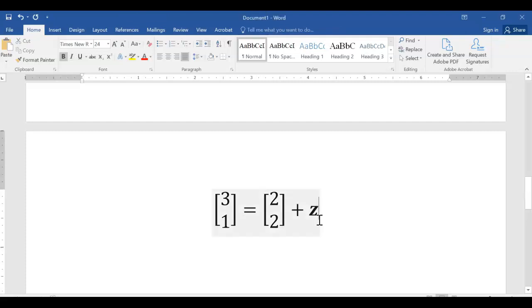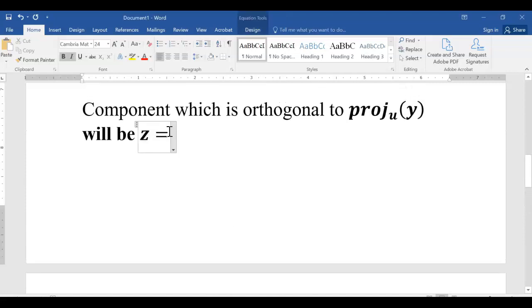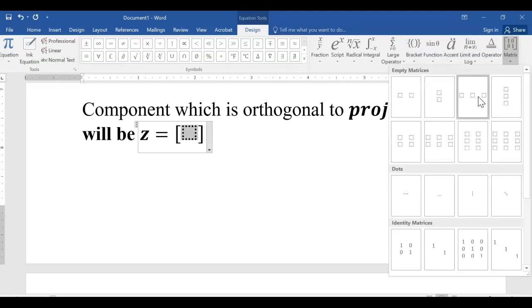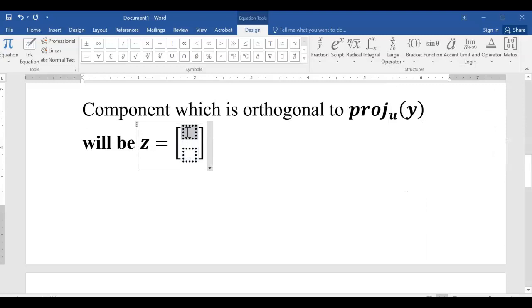So it's pretty clear that z has to be the vector (1, -1). Just subtract vector (2, 2) from both sides. So z is going to be the vector (1, -1).